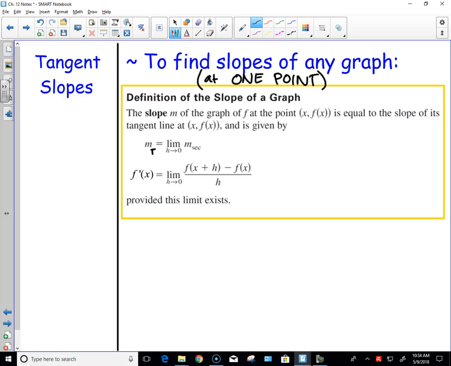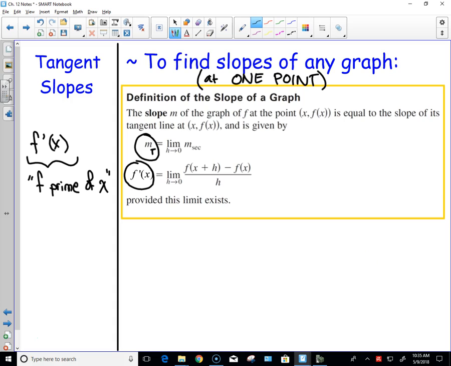It's going to equal the slopes of the secant lines as h approaches 0, which the secant lines are really just the difference quotient. The slope of the tangent has its own special notation. f prime, not f apostrophe, f prime of x.